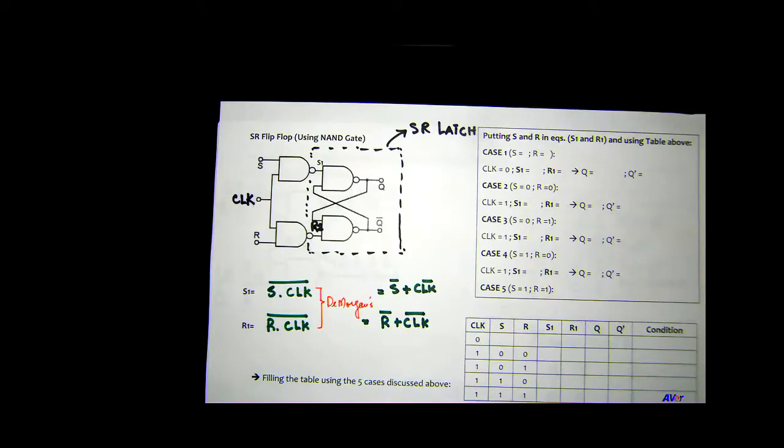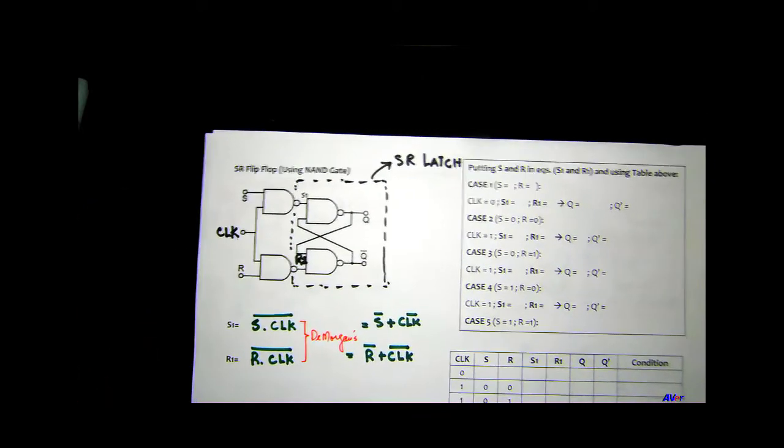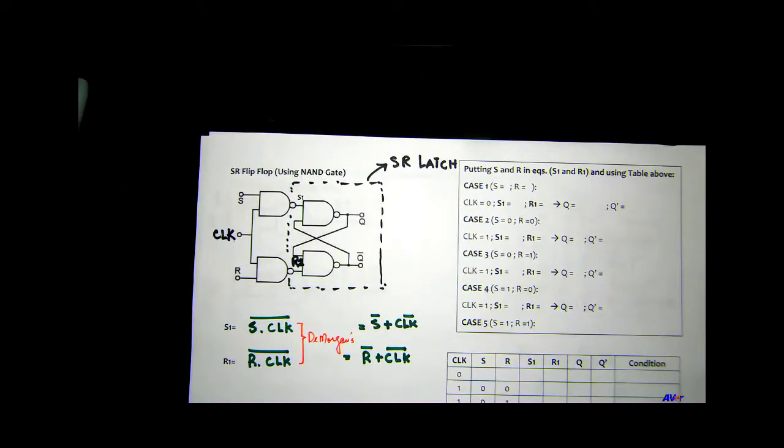Okay, now again we're going to have cases here, and we'll have 5 of those cases, 4 of them with clock set to high and 1 of them with clock set to 0.